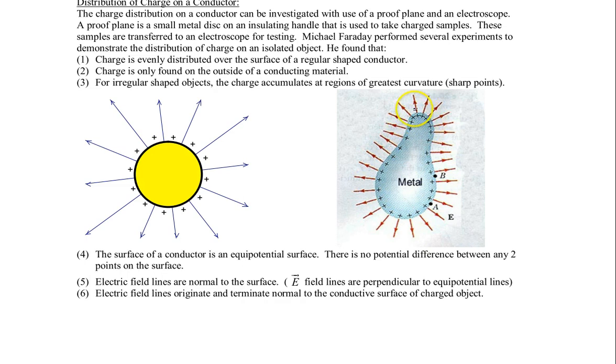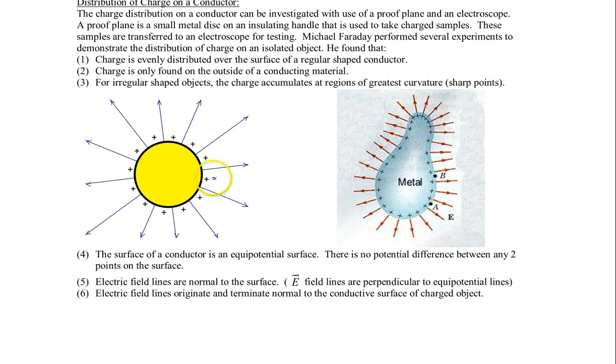The electric field lines are all equally spaced, but right around here the electric field goes around a greater curvature, and hence the charges over here will be greater. That's why you'll have more charge accumulating over this sharper point, and that's why typically you'll get discharges that occur at these sharper curvature points.